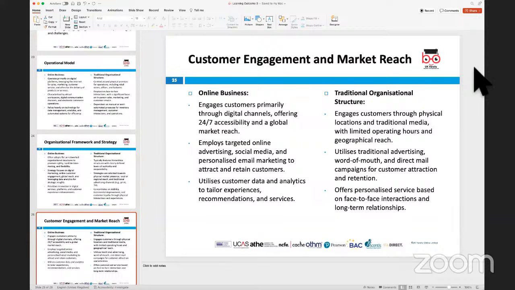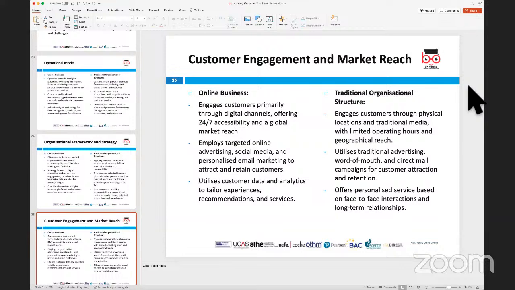They are able to target customers through social media and also look at personalized emails, newsletters, things like that. A traditional business might be limited because of the location, place, as we call it in the marketing mix, and unless they open up a branch or another outlet in another location, sometimes you would see customers might shy away from going into other locations to buy their products or services.